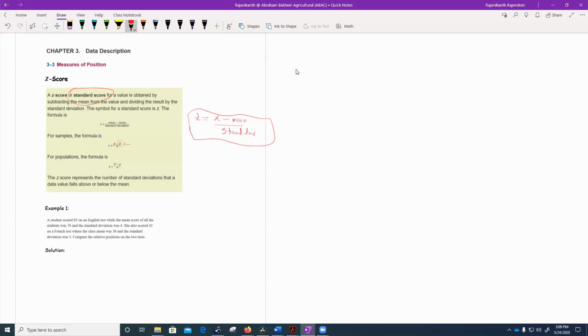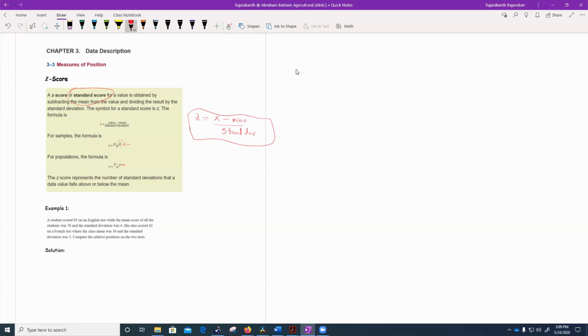Or if you have the population data set, then you take the data value, subtract the population mean, which is mu, then divide by the population standard deviation, which is little sigma, right? So you could use either one. That depends on the problem.